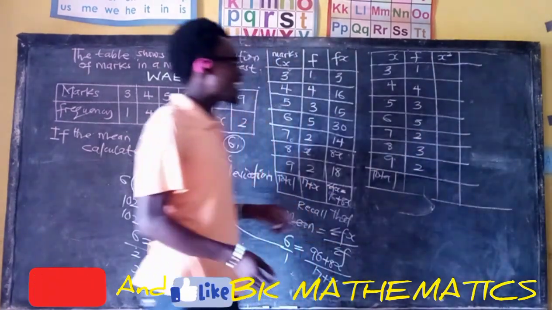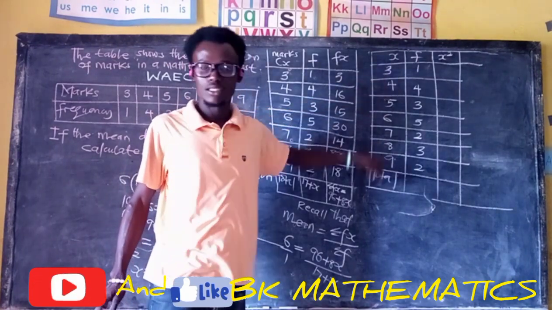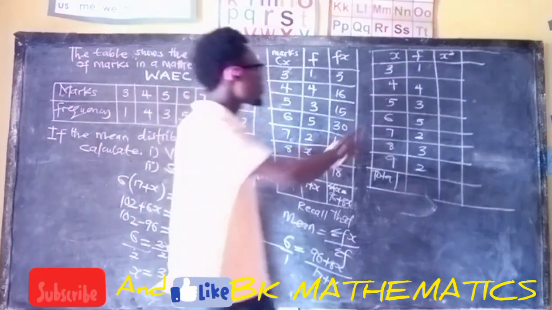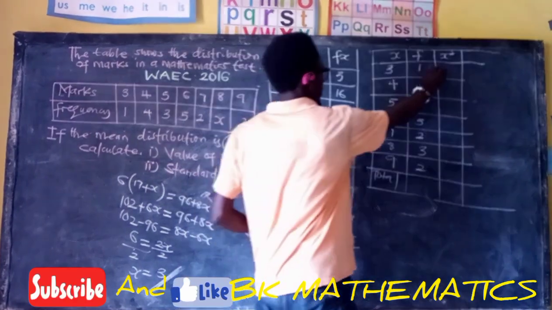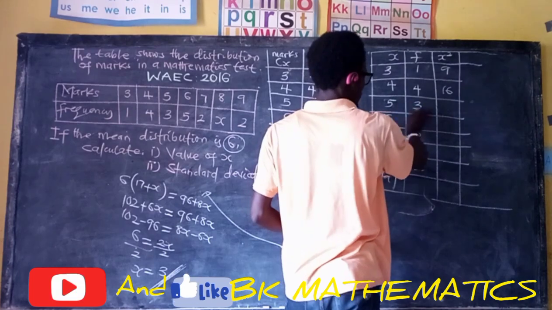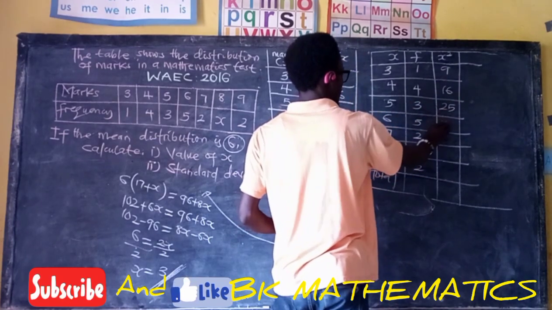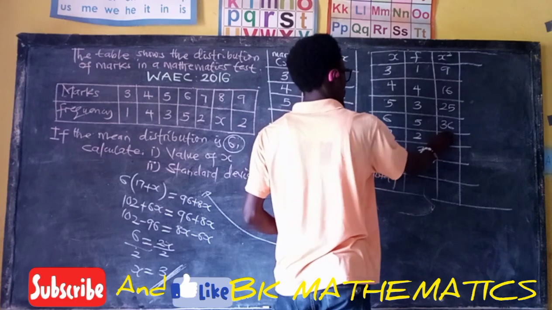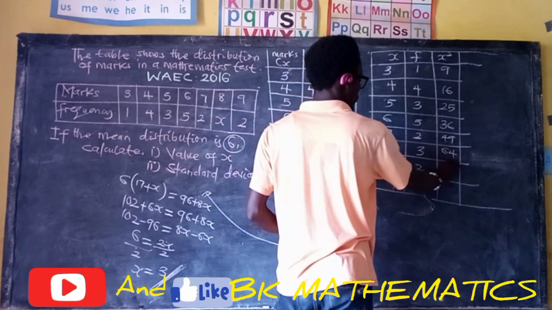If you are considering x squared, you just need to square these numbers. 3 squared is 3 times 3, giving you 9. 4 squared gives you 16, 5 squared gives you 25, 6 squared gives you 36, 7 squared gives you 49, 8 squared gives you 64, and 9 squared gives you 81.